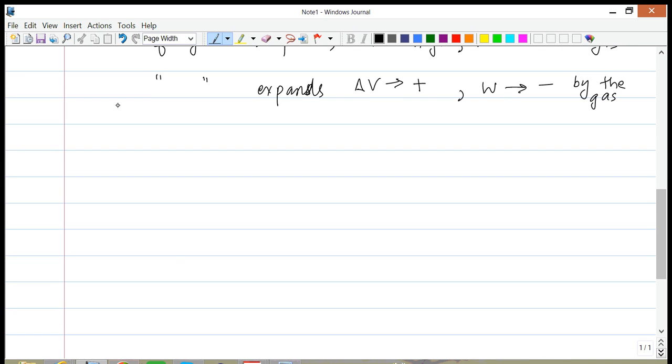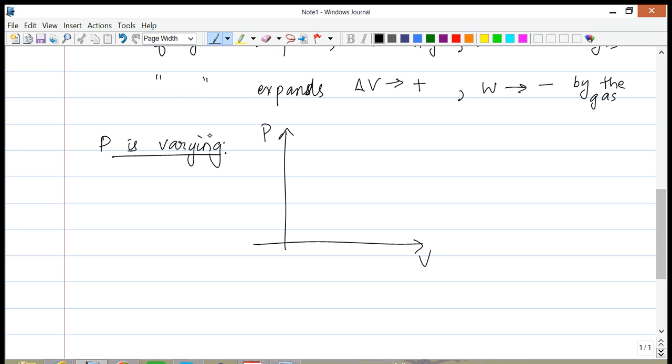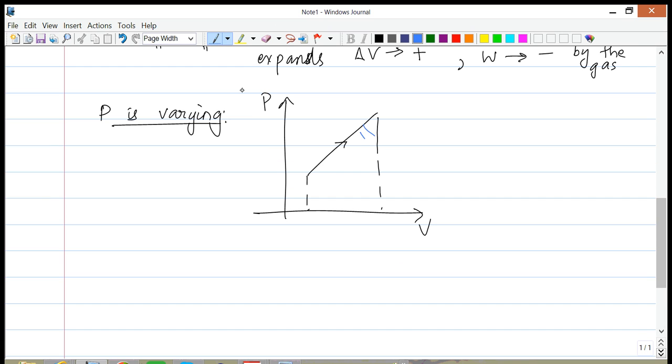Also now, what if the P is not constant? What if P is varying? What happens? When P is varying, we need to be a little more careful, and the concept is very simple. If we have a PV diagram and P is changing, then once again the work done will be the area under the curve, the area enclosed by the curve and the x-axis.